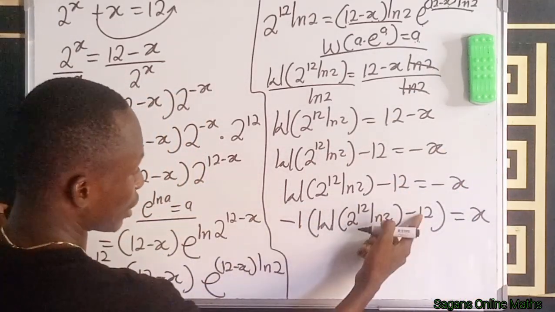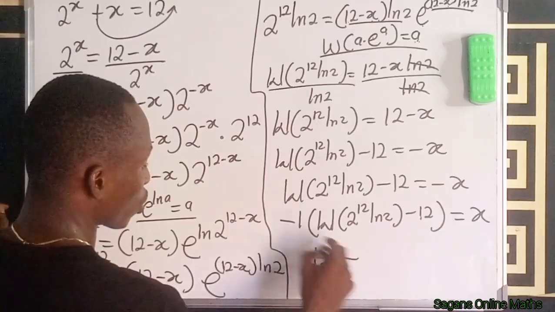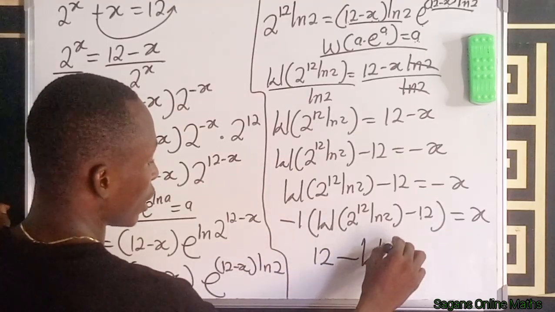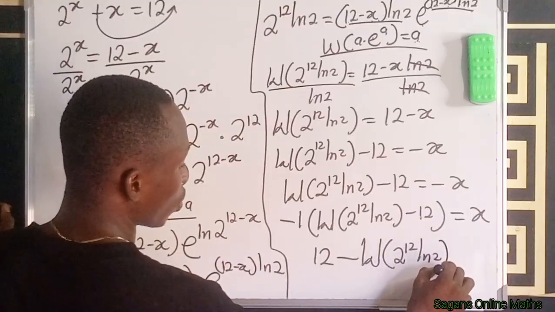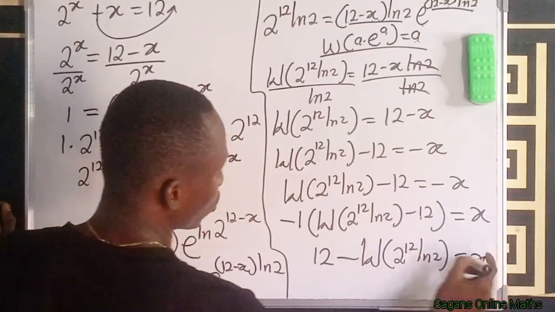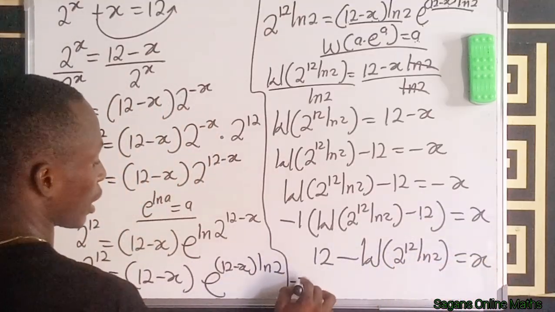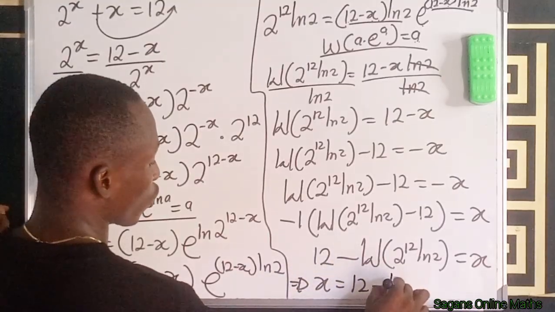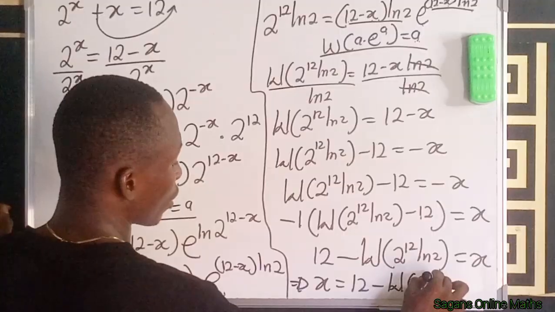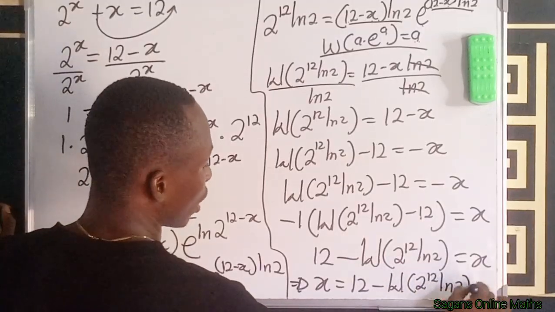And minus 1 times this will give us 12 minus the W function of 2 to the power of 12 ln 2, then equal to x. So this is the value of x. It implies that our x is equal to 12 minus the W function of 2 raised to the power of 12 ln 2, and this is the value.